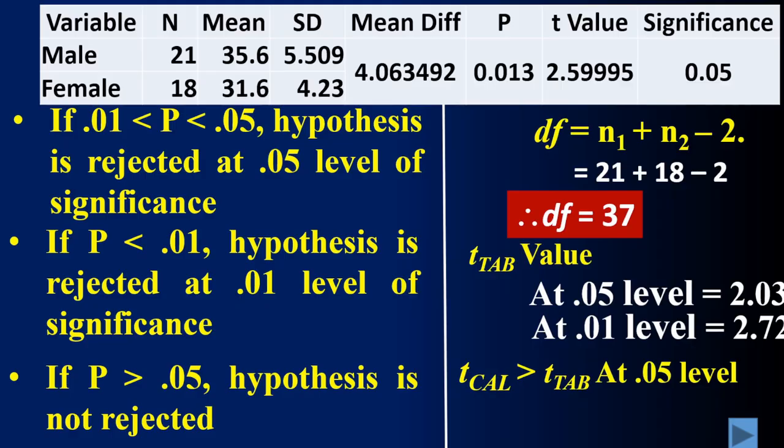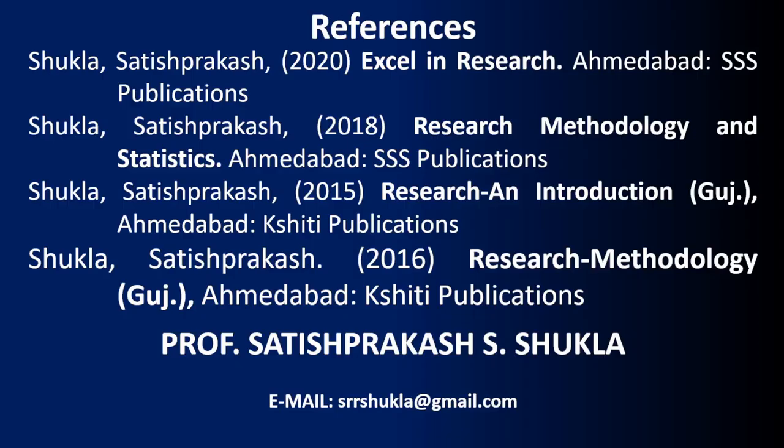So, our hypothesis is rejected at 0.05 level, but it is not rejected at 0.01 level, because the required value for significance of difference at 0.01 level according to the t table is 2.72, but our calculated value is 2.59995, that is smaller than 2.72. So, our hypothesis is rejected at 0.05 level.